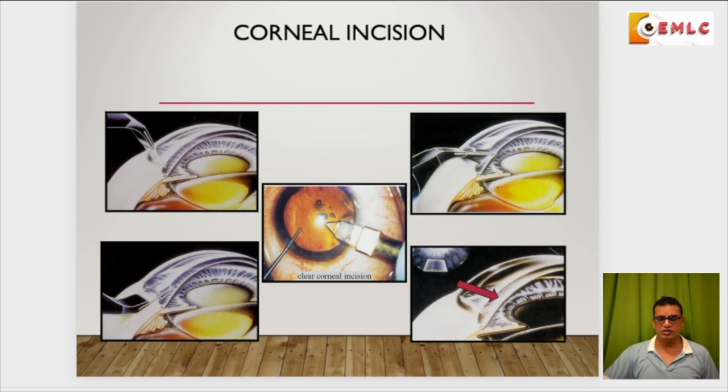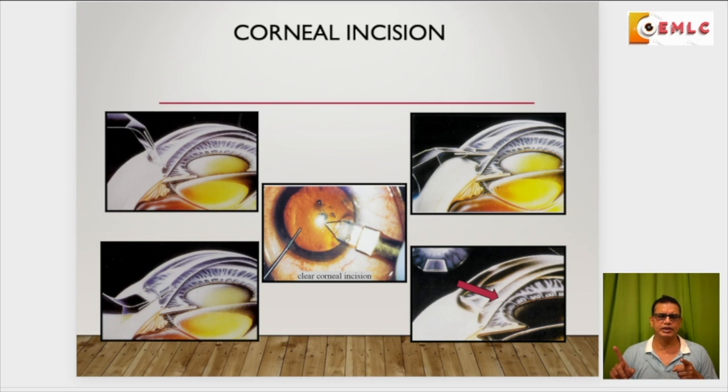So incision in phaco is very important. It should depend on the size of your phaco tip and size of your sleeve, and if you are intending a 2.2 millimeter incision, you should never use a blade which is 2.8 or 3.2. You should always use a blade or a keratome which is exactly 2.2.